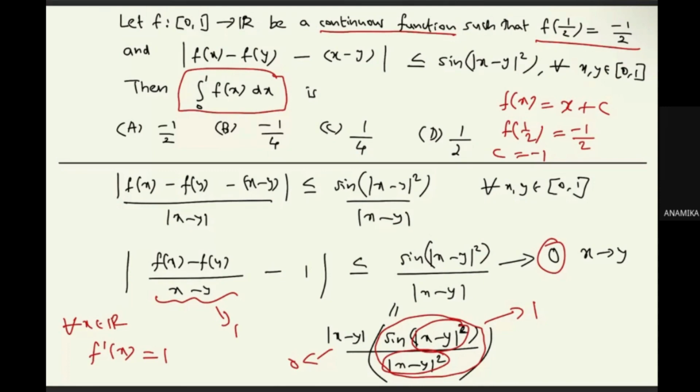So the function we are talking about is x minus 1. They have given a big condition on some function, but what we proved is that f of x equal to x minus 1 is the only function satisfying this.